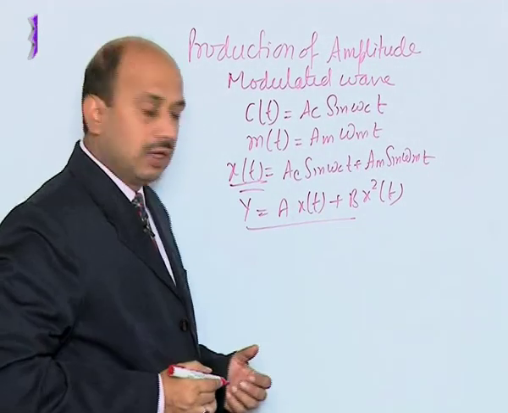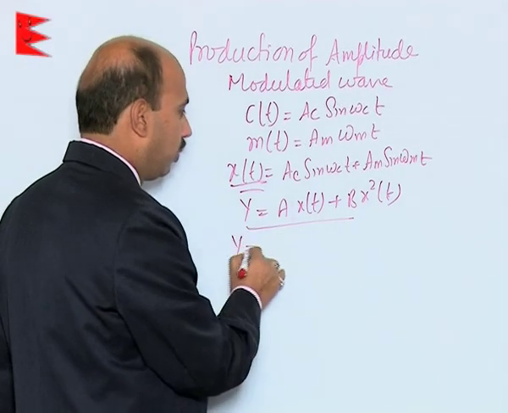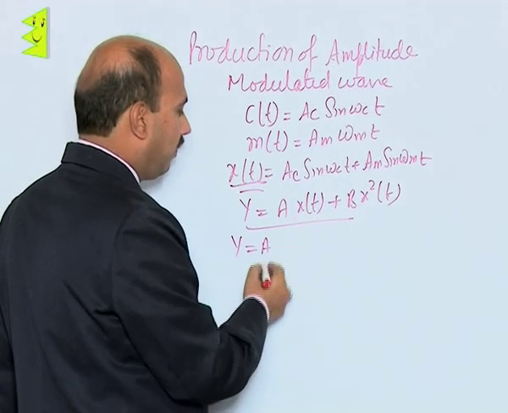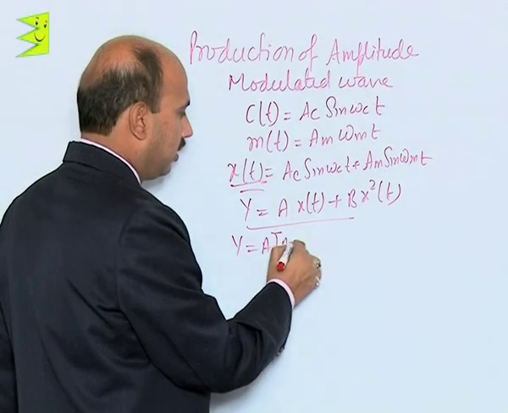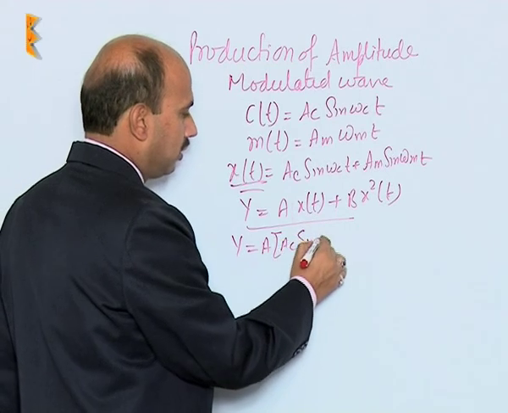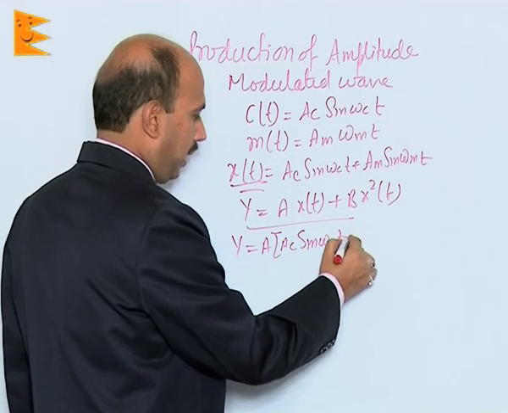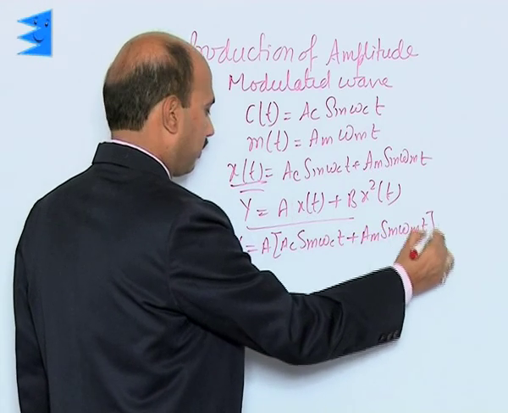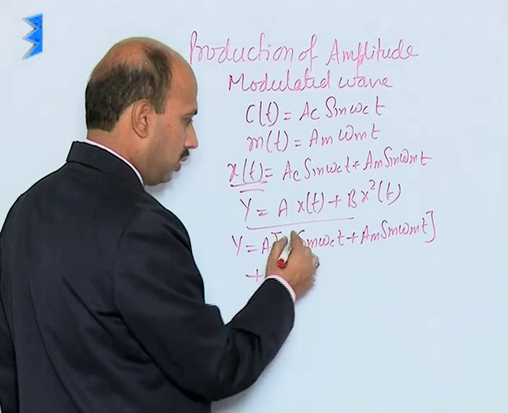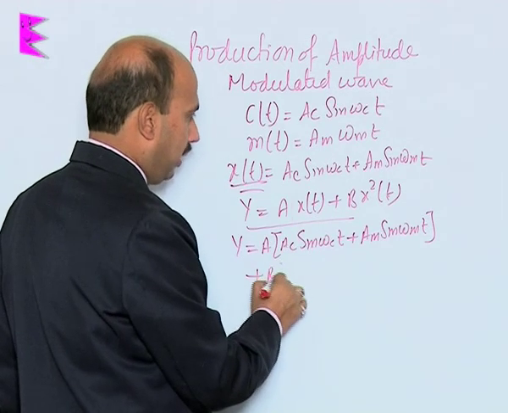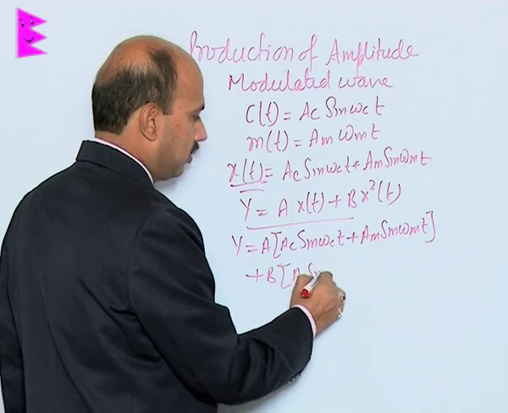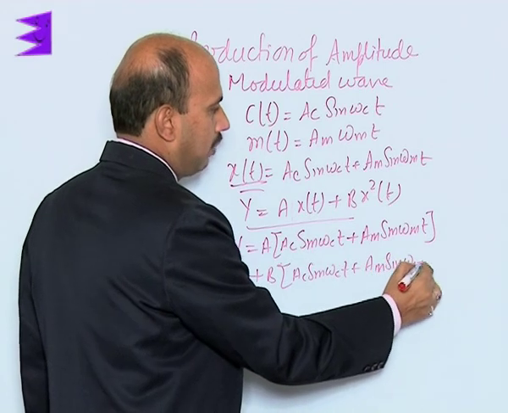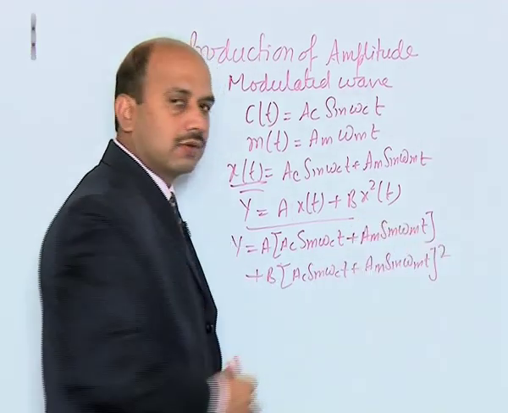Now if you put everything in this, you get y equal to a times the value of x(t), that is Ac sin omega c t plus Am sin omega m t, plus b times (Ac sin omega c t plus Am sin omega m t) whole squared.